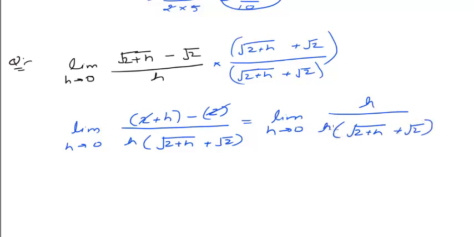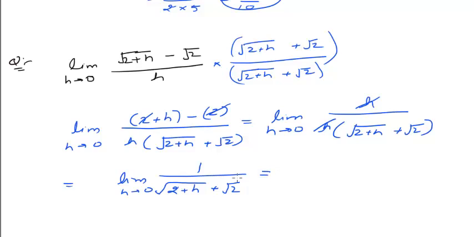Now can I cancel out this h and this h directly? Yes, we can, because h is not exactly 0, it is tending to 0. So this h and this h are both finite quantities and can be cancelled out. So finally we have limit h tending to 0, 1 by under root of 2 plus h plus under root of 2.